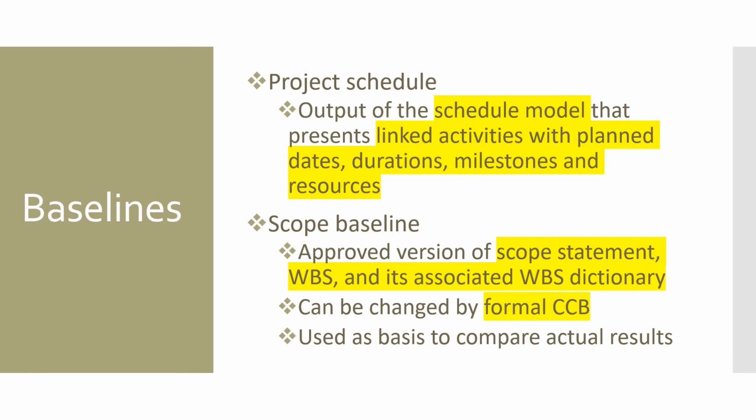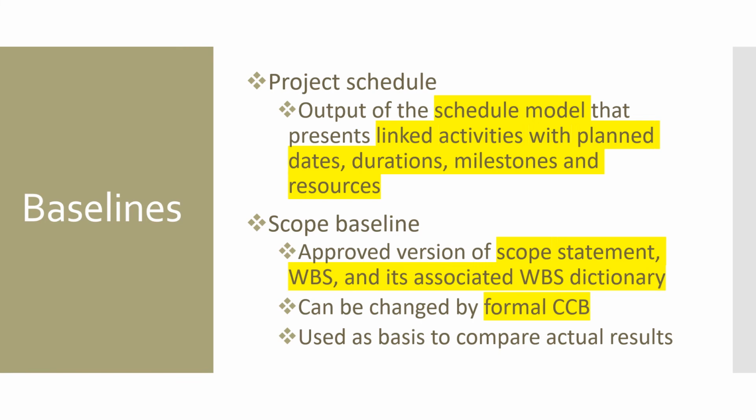The final one is the scope baseline. The scope baseline is nothing but the approved version of the scope statement, WBS, and its associated WBS dictionary. So the scope baseline has three components. One is the scope statement, what is the overall scope of the project, and its WBS, work breakdown structure, and its dictionary.